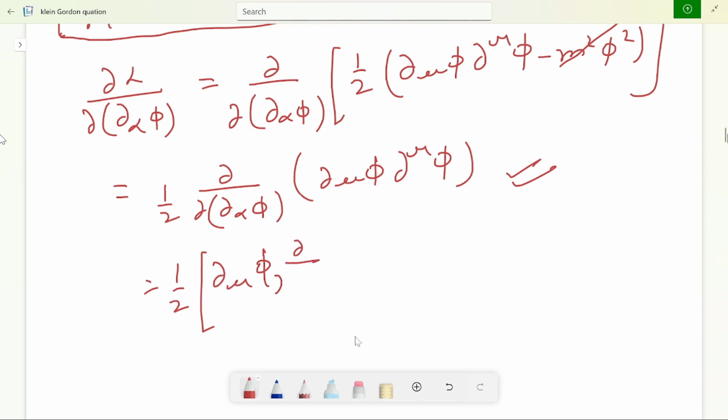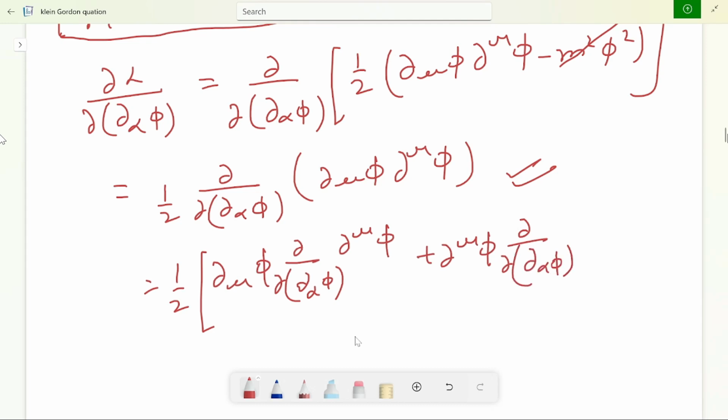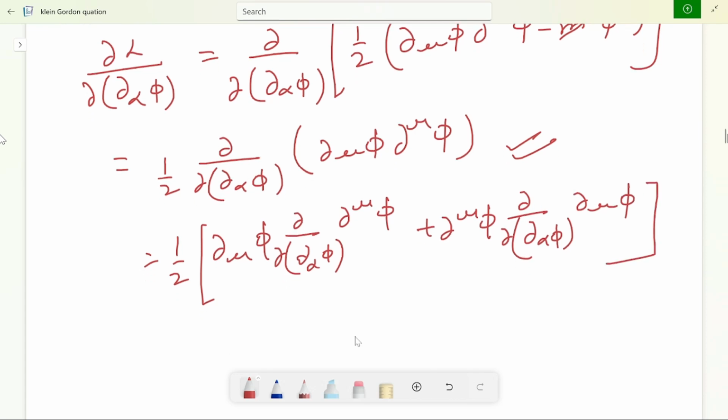So that would be the derivative d of d alpha phi of d mu phi, plus now we will leave the second term, d mu phi, and we'll take the derivative of the first term, which is d mu phi, with mu as the covariant index.